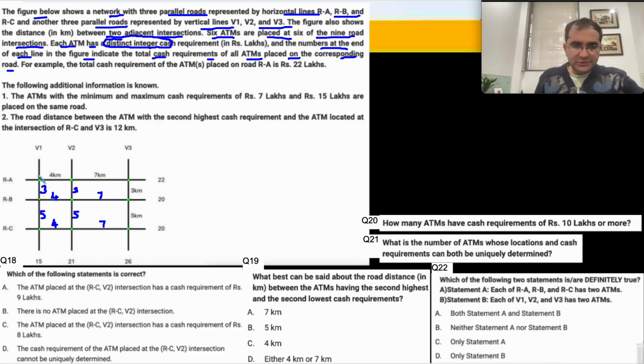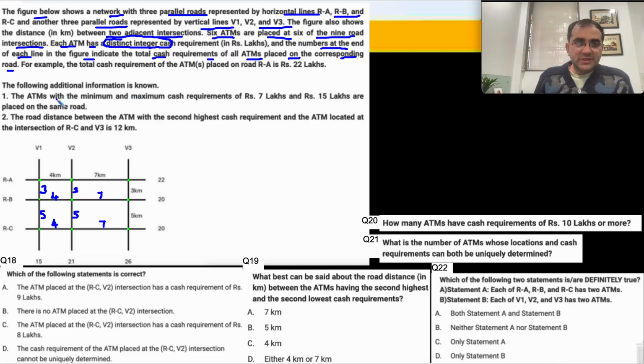ठीक है. So यहाँ पे जितने भी ATMs होंगे, whether 1 or 2 or 3, the sum will be 22, some will be 20, some will be 20. इस line में some will be 15, some will be 21, some will be 26. ठीक है. The following information is known.